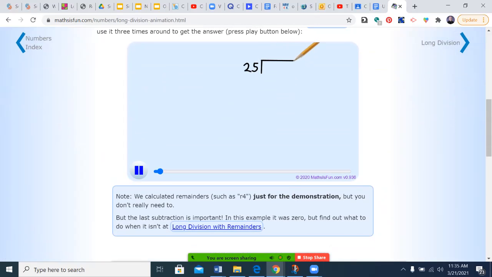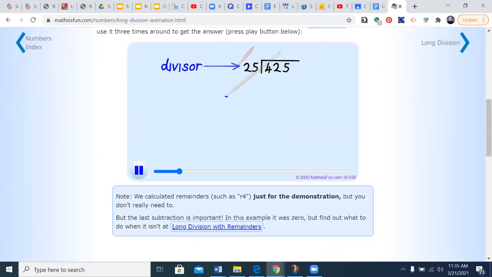So we have 25 again into 425. So we're going to divide. The divisor is 25. The dividend is 425.